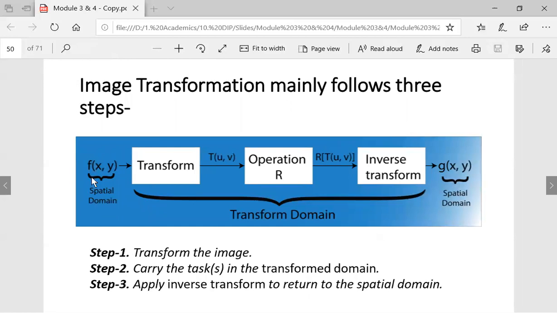Okay, f of x comma y is the original image, t of u comma v is the transformation you're going to apply, then r is the reverse transformation to get back the transformed image, that is g of x comma y is the transformed image.